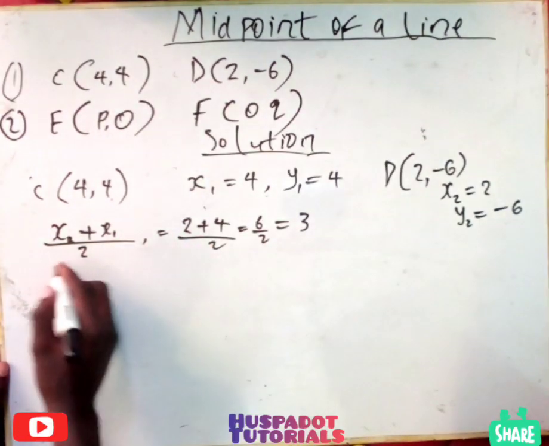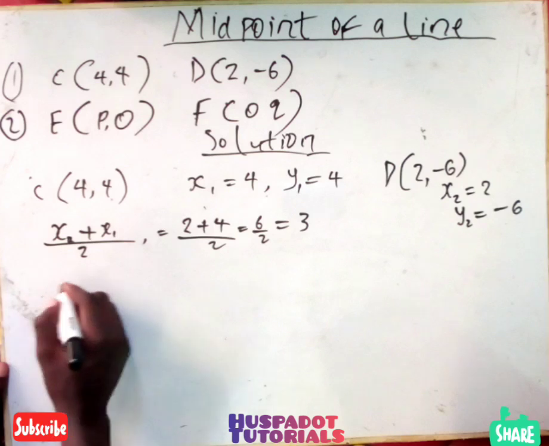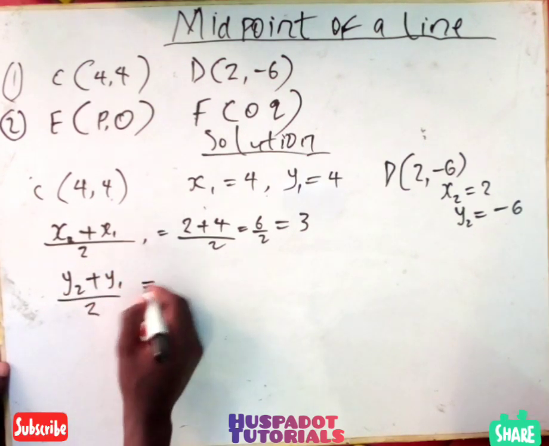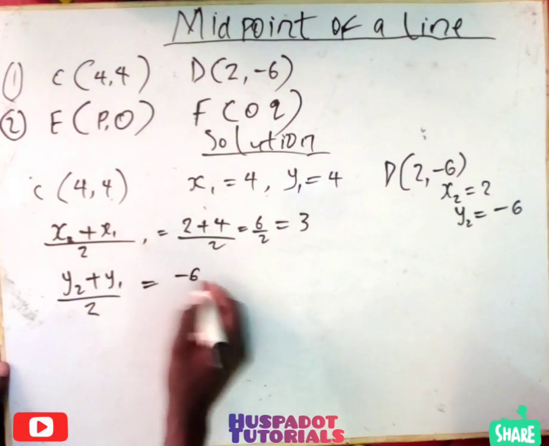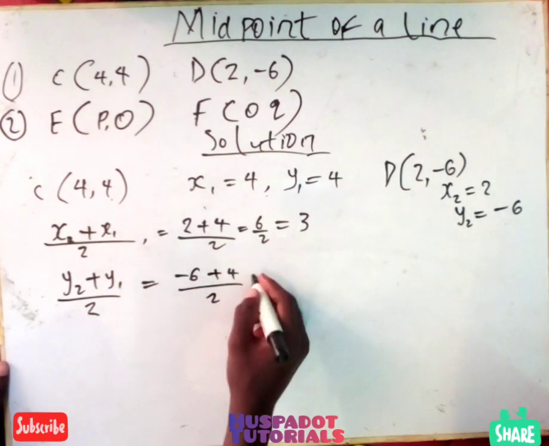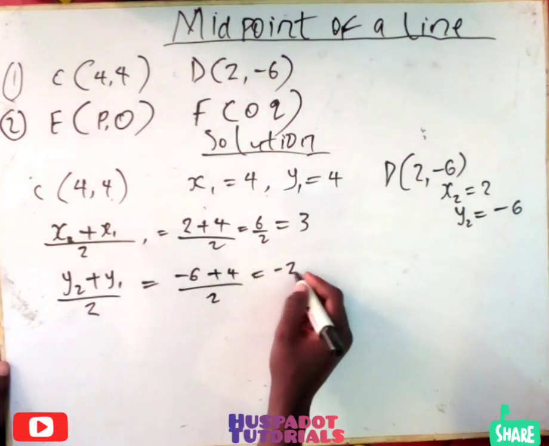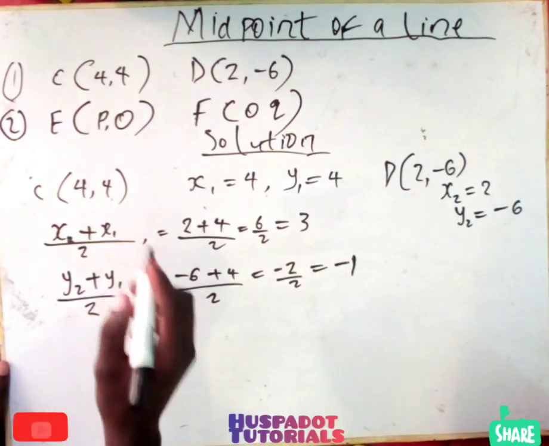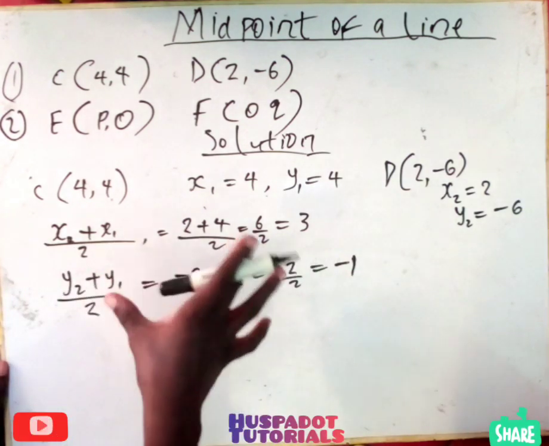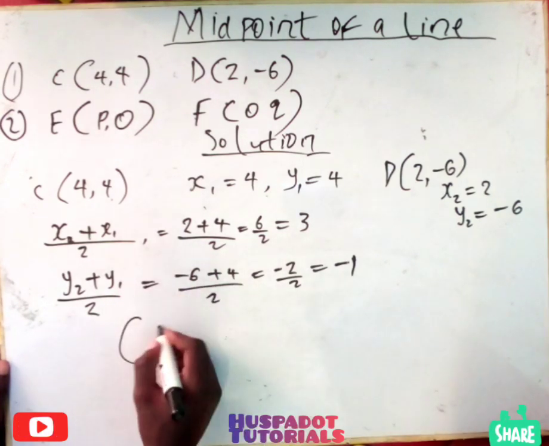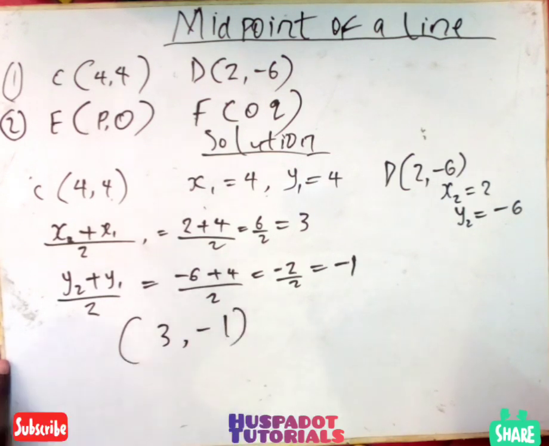Then for the y coordinate, y2 plus y1 over 2, which is minus 6 plus 4 all over 2, and that is minus 2 over 2, which gives you minus 1. So the coordinate of the midpoint of this line would be 3, minus 1.